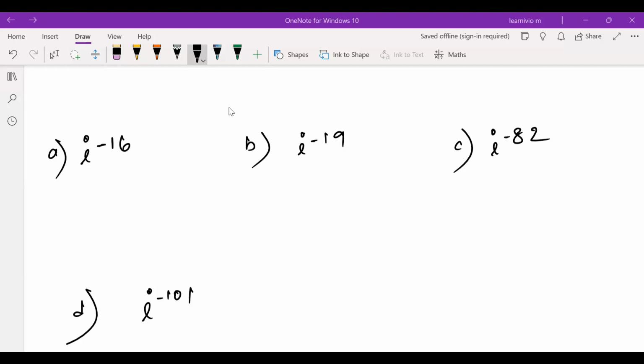Ma'am, b is minus I. Yeah, what? b is minus I. Okay. We will check it. I to the power 16, that is 1 by I square to the power 8. That means just 1. Right?